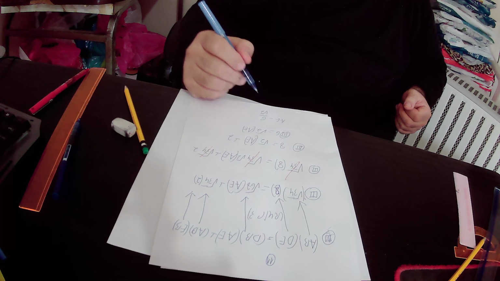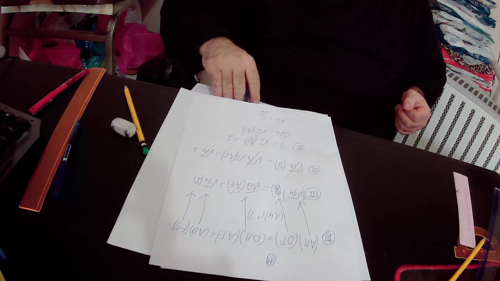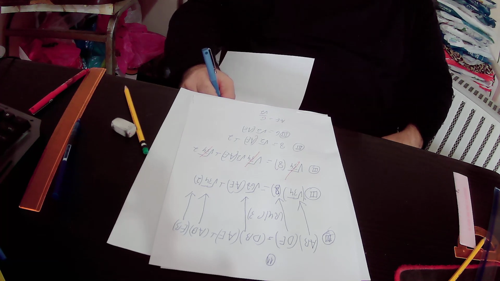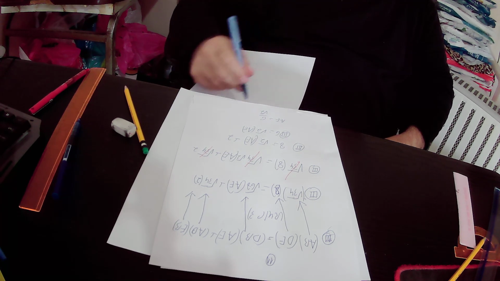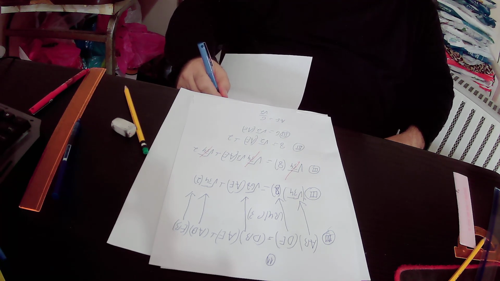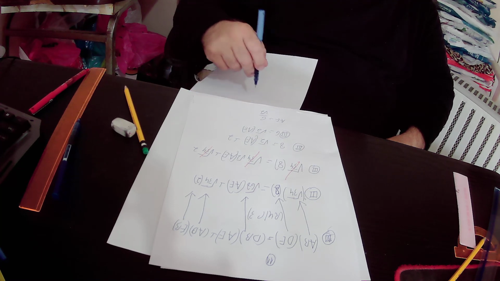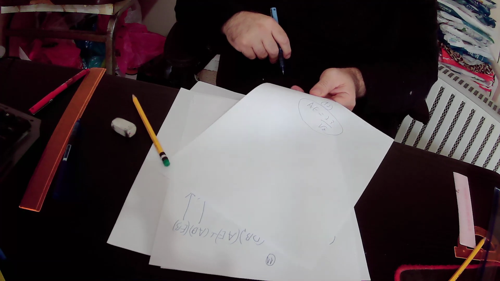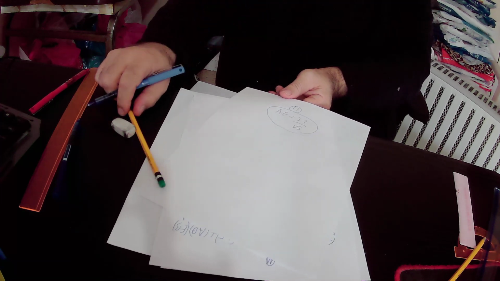Okay, but we know that 6 equals 3 times 2. So I'll write it down. AE will be equal to, instead of 6 we'll write 2 times 3 over root 2.